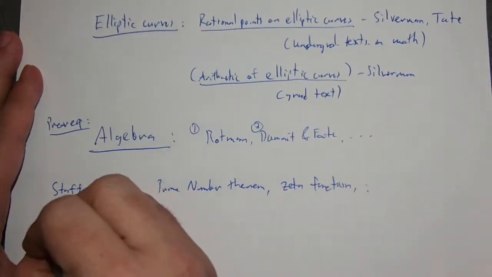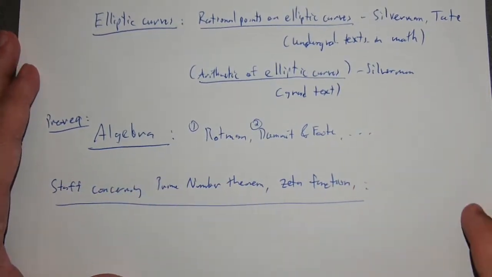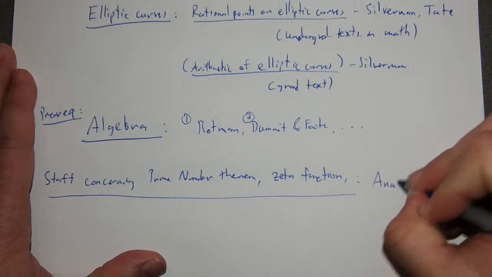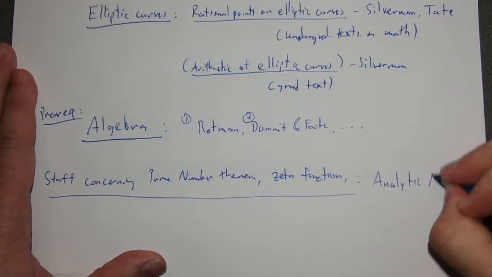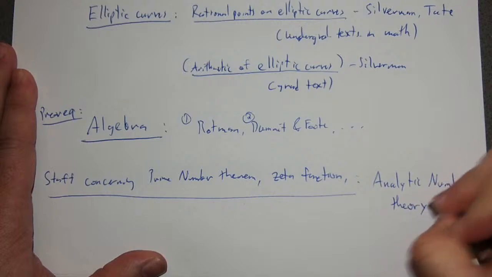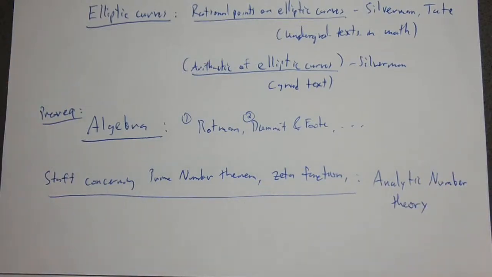If that part of this course interests you, we didn't spend that much time on it, of course, but this is analytic number theory. So you can look at a textbook in analytic number theory. I'm not sure what would be the best choice, but there are a lot of options.